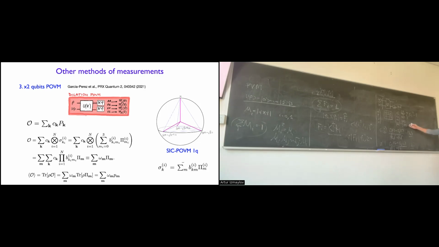Well, if we know the state here, then the probability will correspond to C1 squared plus C3 squared. That's for the chi0.